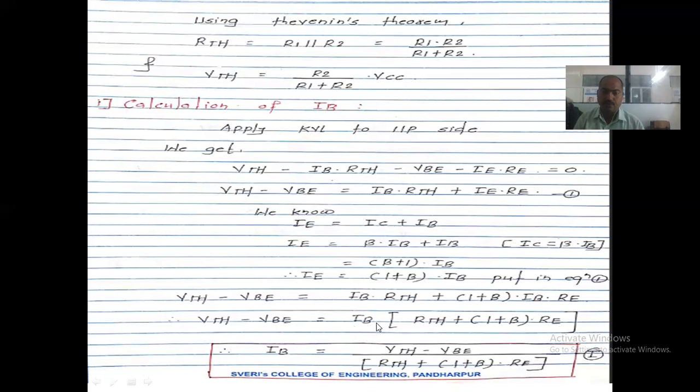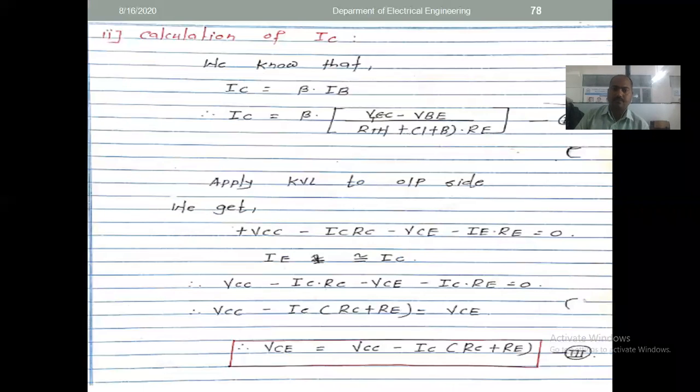Why do we do this? Because we want to separate out IB. Taking IB on one side, the other factor goes as a divisor. So IB equals VTH minus VB divided by RTH plus 1 plus beta into RE. This is the equation for IB, which gives the value of this current. Now we calculate IC.